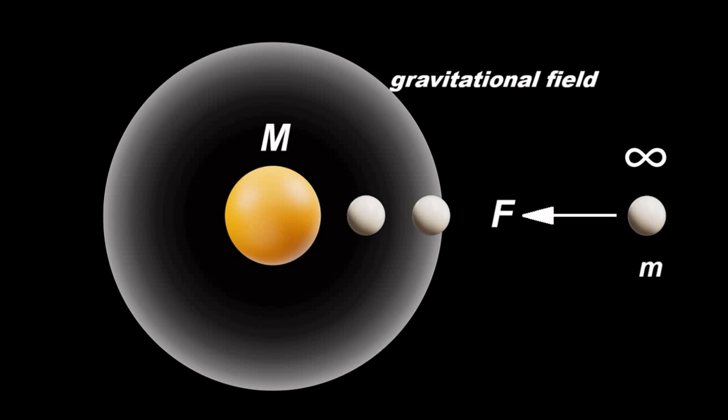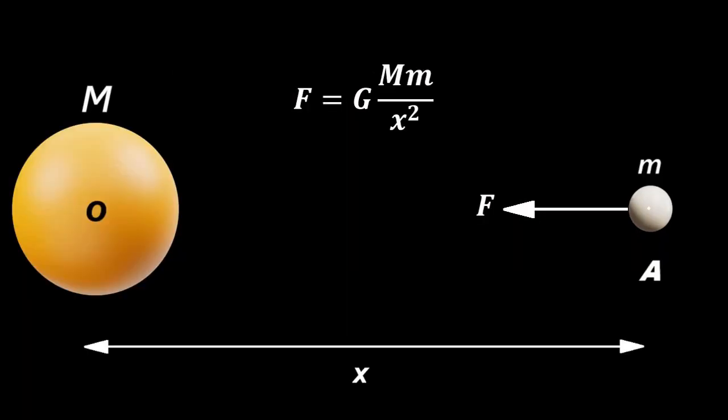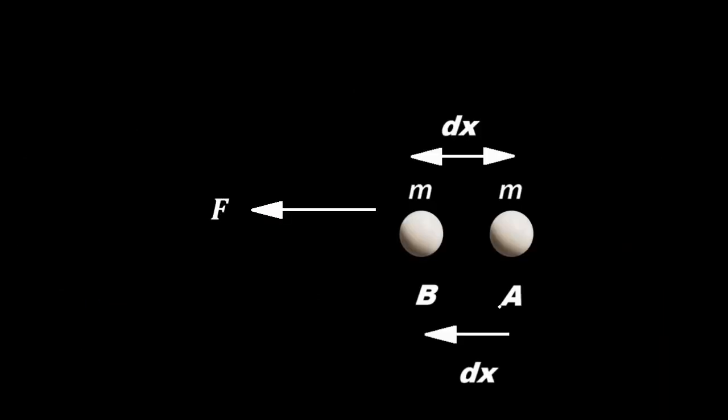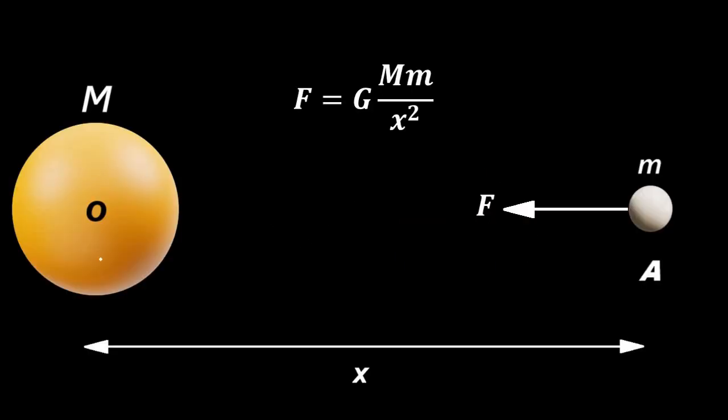Now let's say we change the position of this object. This small mass m, under the influence of this gravitational force, moves a small distance dx up to position B, point B, under the influence of the gravitational force exerted by this yellow mass.